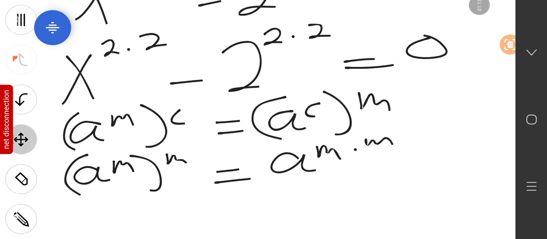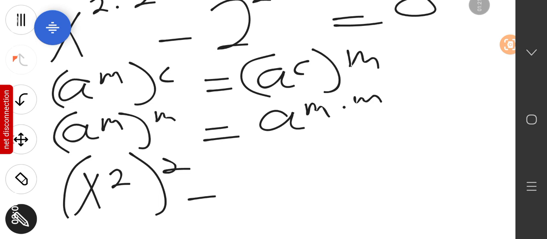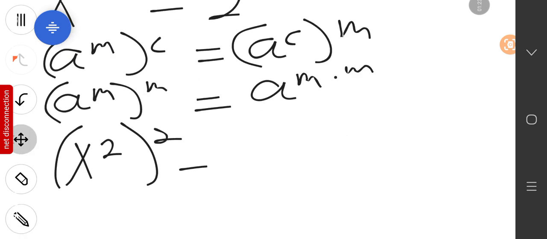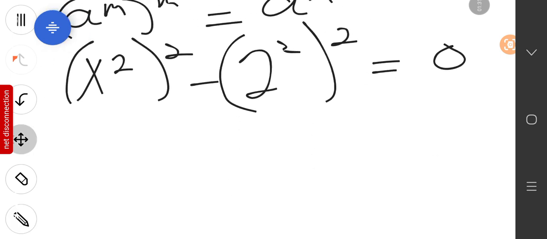So our equation becomes (x^2)^2 - (2^2)^2 = 0. You can see our equation has the form of a difference of two squares, so you can apply it here.